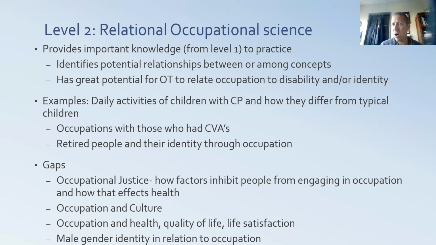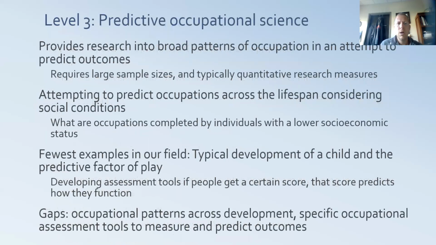What's the relationship of occupation to culture, occupation to somebody with a disability? If we can identify what that relationship is for somebody with a disability and how they engage in occupation, and we can describe that, then maybe we can predict.